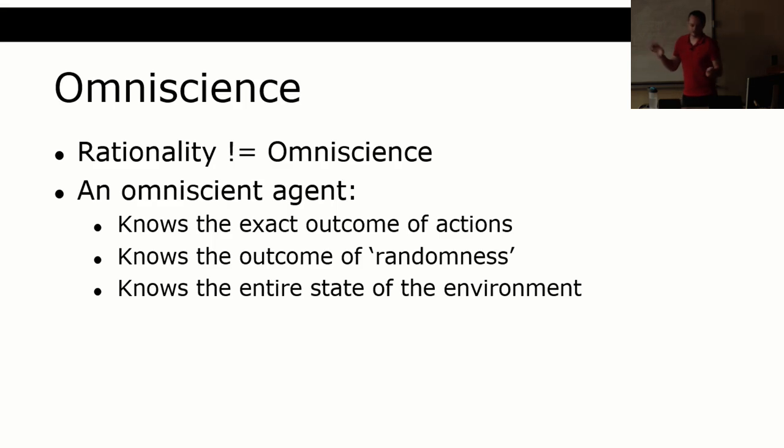Unless, well, okay, I have fallen in my life, so maybe 99% of the time I'll move forward. But if we're talking about a game of chance, like being dealt cards in a game of poker, or rolling some dice, or whatever, an omniscient agent knows the outcome of actions as well, right? And it knows the entire state of the environment. So if we're playing something like StarCraft, it knows what units you have without even having to look at them.